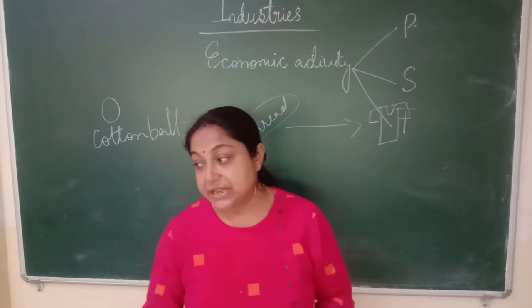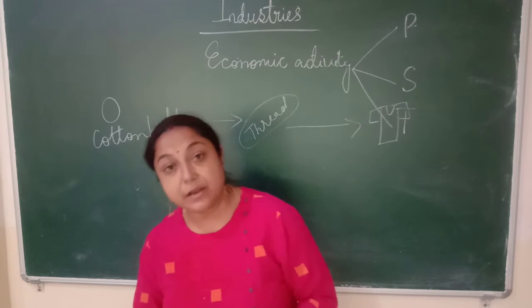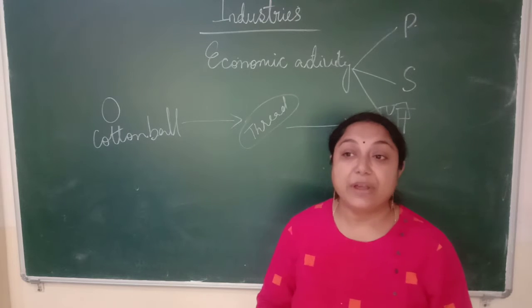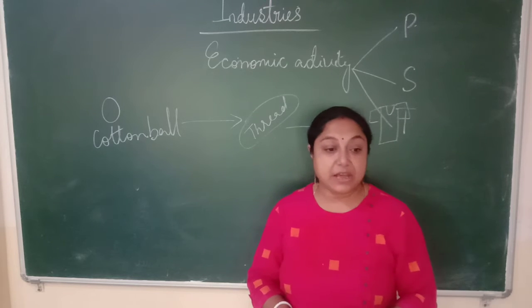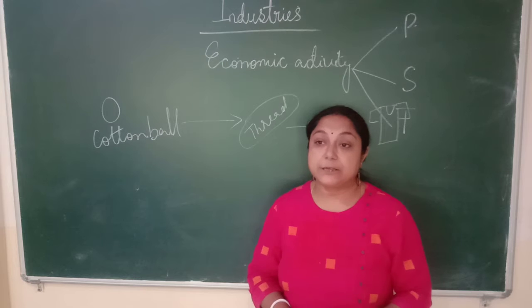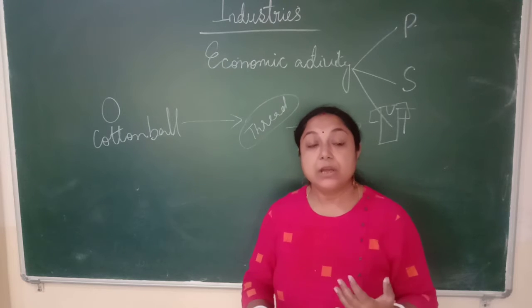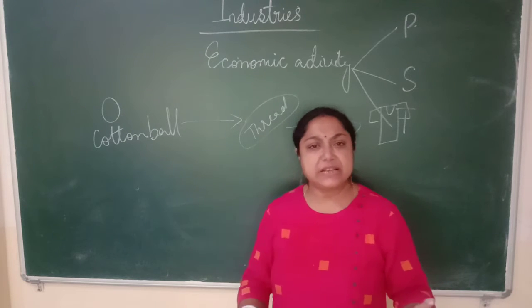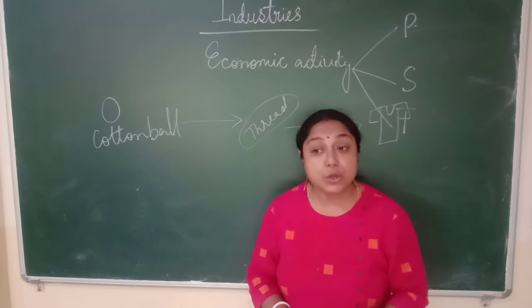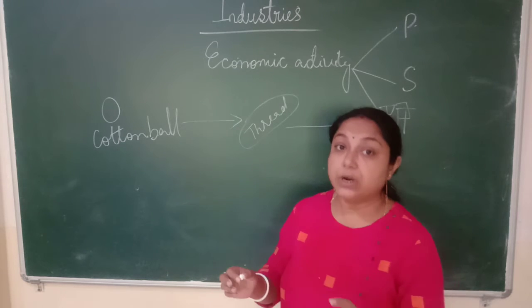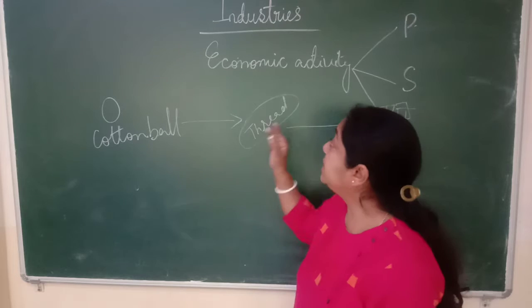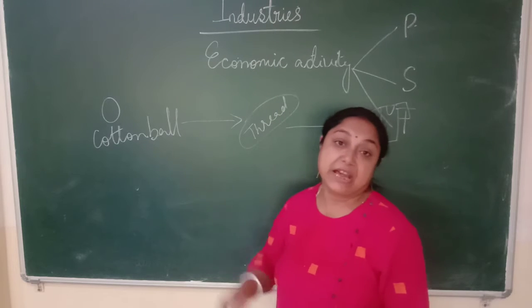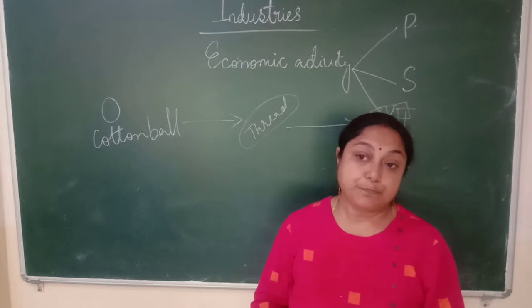Now industries are again a bigger unit where you do the processing. The processing part is done in that. For processing, you need so many things that we will discuss afterwards. So industry is also a related word to this manufacturing and secondary activities.